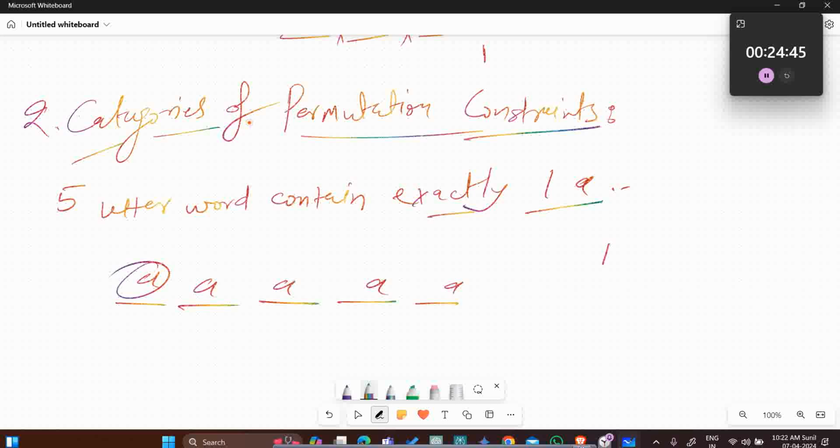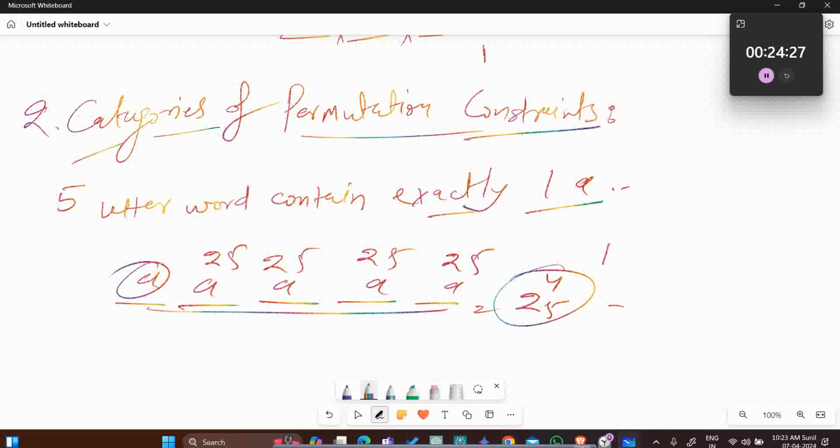So what were the rest of the choices? 25, 25, 25, 25 and 25. Alright. It would be 25 to the power 4. This can be repeated for 5 times. Alright. So it would be 5 into 25 to the power 4.